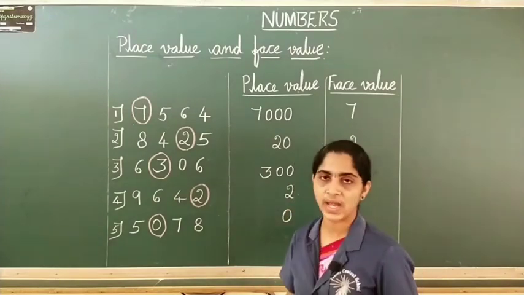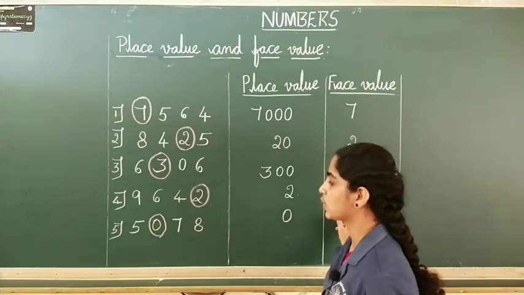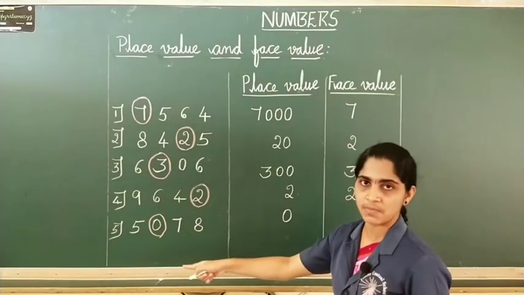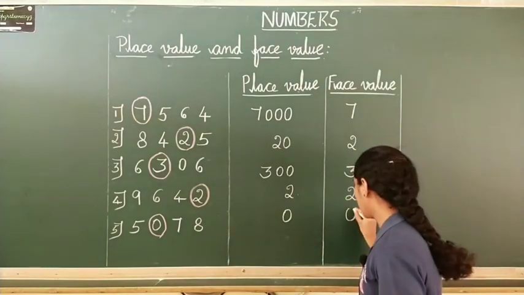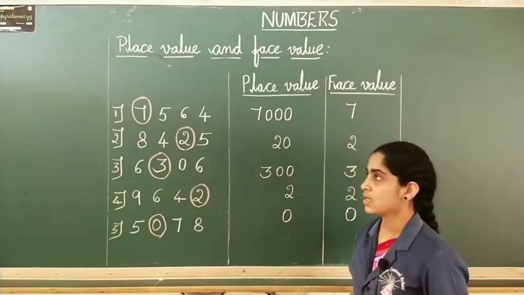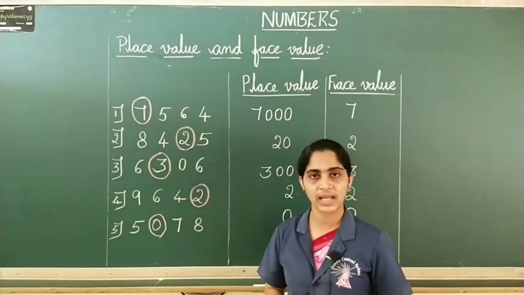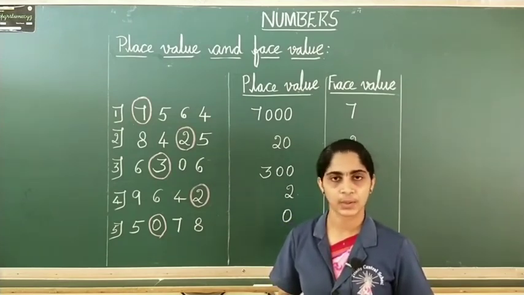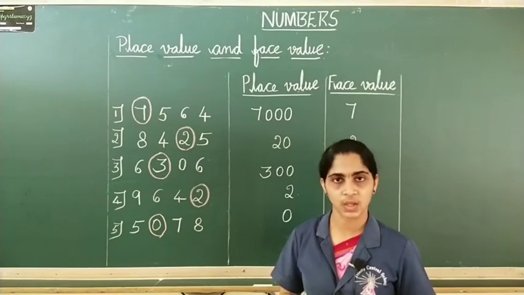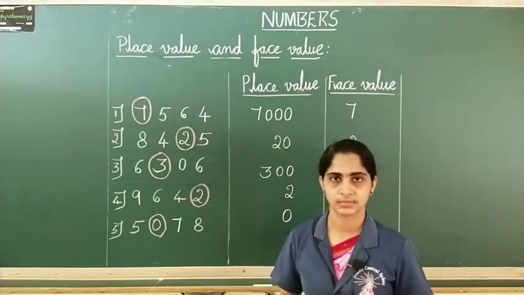The place value of 0 is 0. And the face value is again the same number will be its value. So the face value will be 0. So these are the examples about the place value and face value of the digits. I hope now you understood the concept of place value and face value of given numbers.